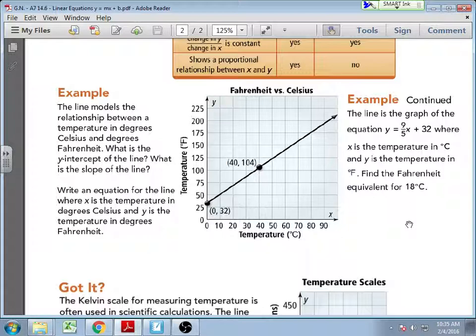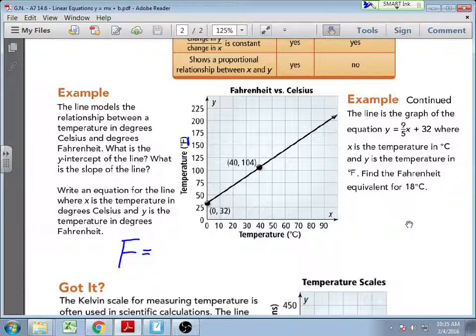So we need to determine the equation for my line where x is my temperature in Celsius and y is my temperature in Fahrenheit. Instead of y equals, we're going to say F equals, because F is my y.